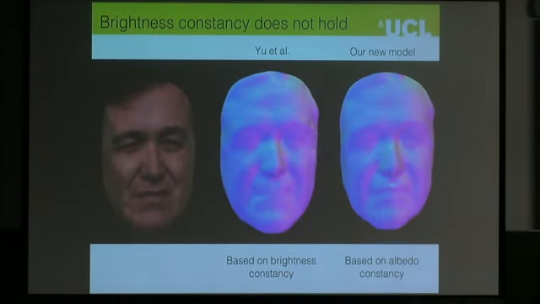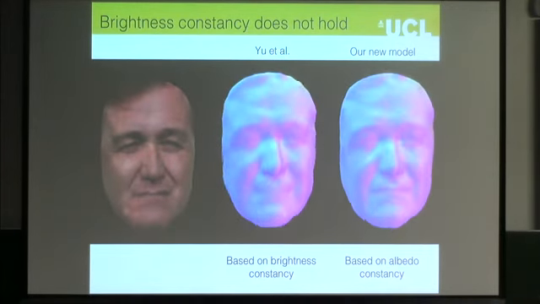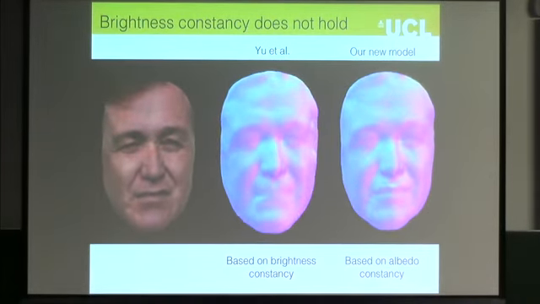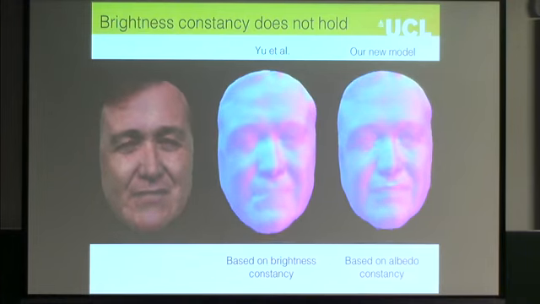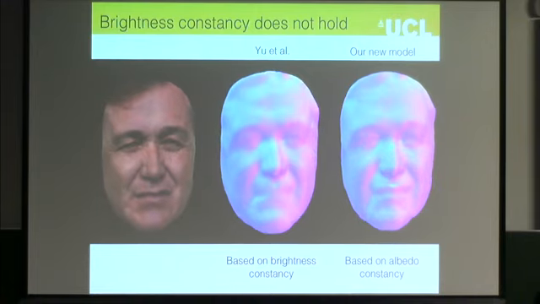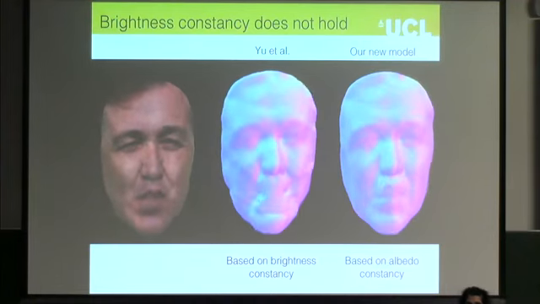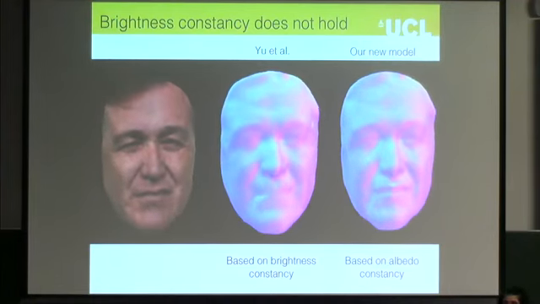So if we now solve this and minimize this energy instead, you can see that we recover the surface that you see here on the right. The difference is huge. Really what we're doing right now is assuming that what's constant over time is the albedo.